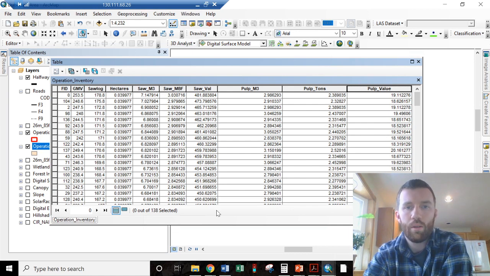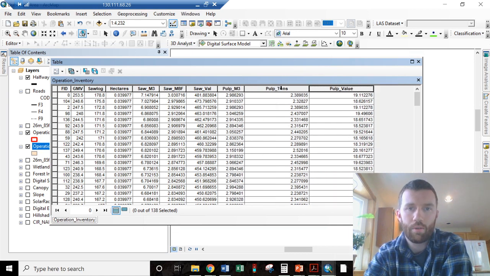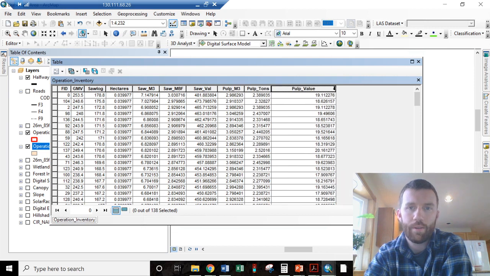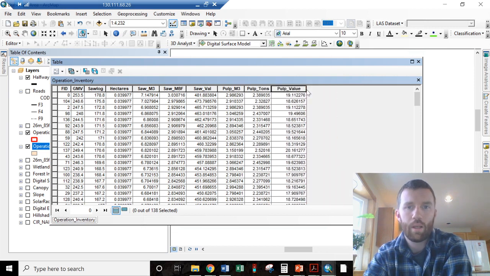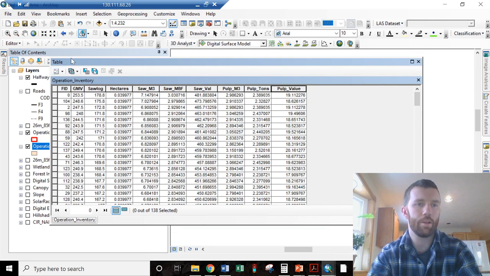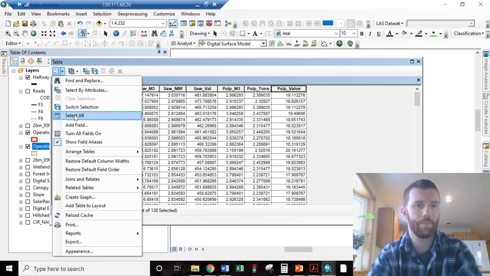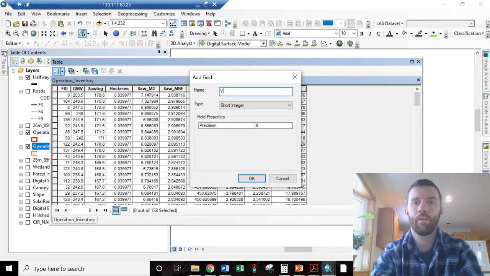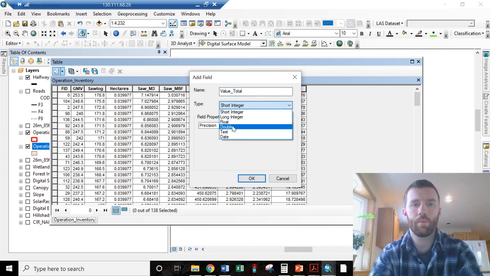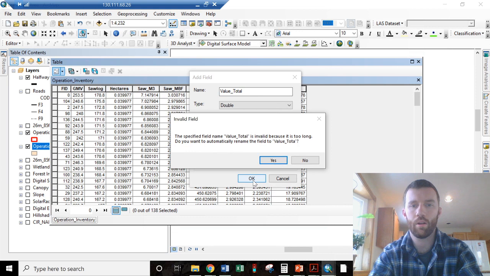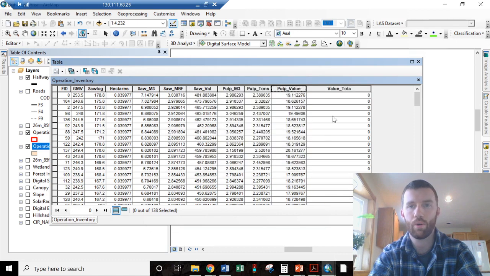And now we need one more field here, so I'm going to shrink these down so we can see. And now we need a value total. So add field, value total, and that is again going to be double. Why not have all the points here? So it doesn't like that name because it's too long, so it's going to be value tota instead of value total.